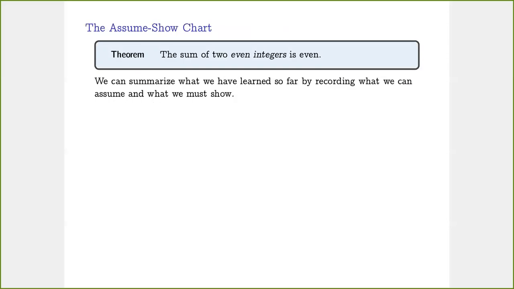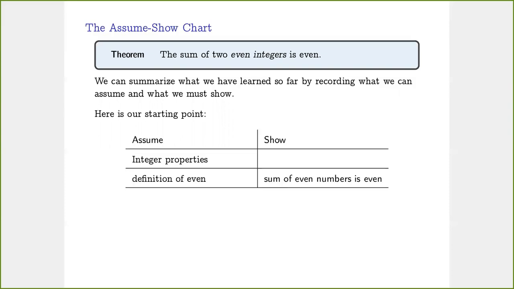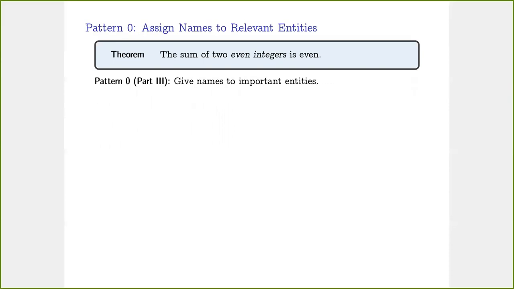Let's summarize what we have learned in a chart that records what we assume and what we must show. So here's our starting point. We can assume the integer properties, the definition of even, and we must show that the sum of even numbers is even.